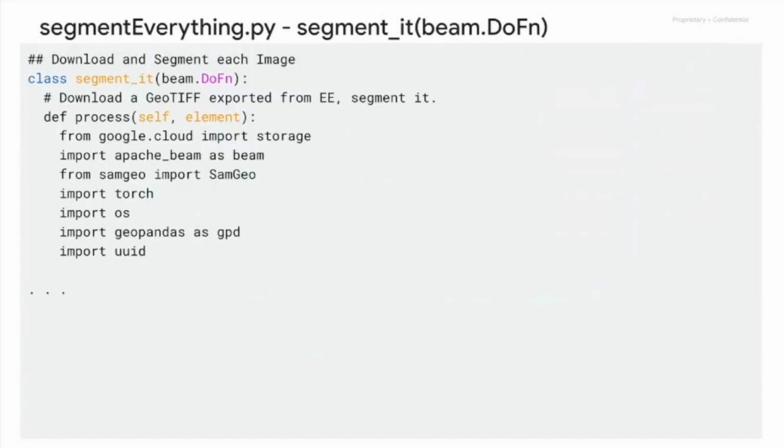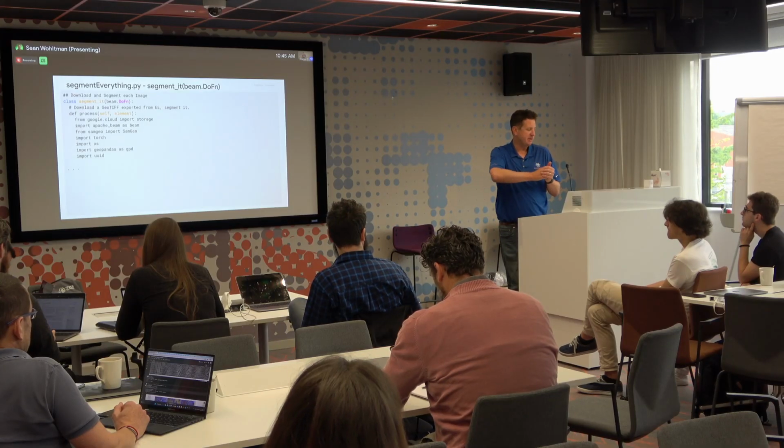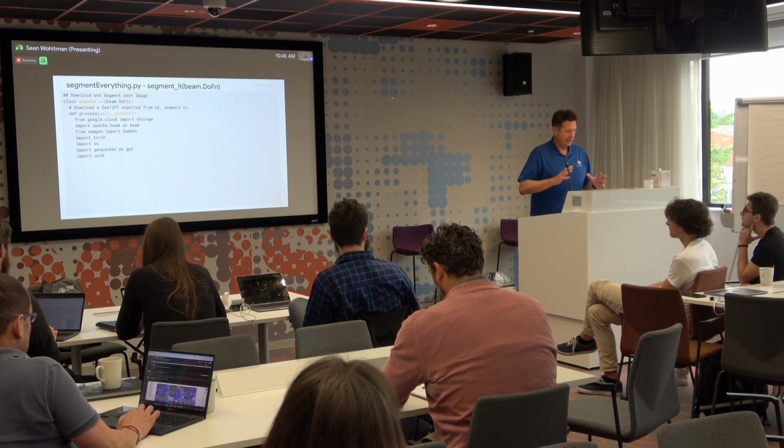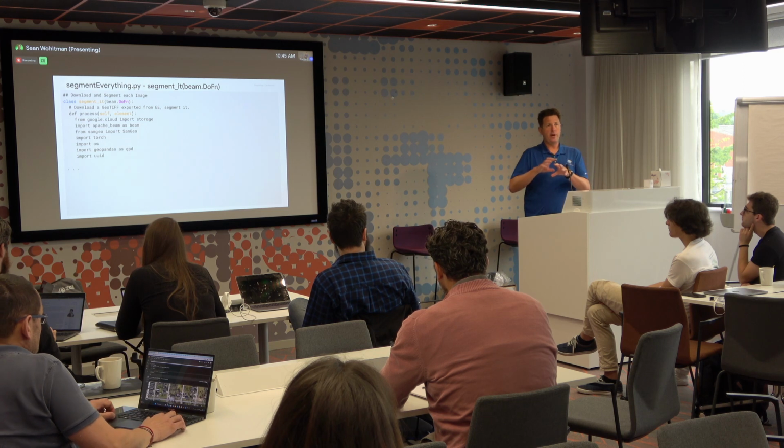download the GeoTIFF. Now, when you run your pipeline, you're running it from a Cloud Shell or from a VM. I typically use a VM just because I want to use tmux and I want to make sure that the pipeline stays up and running if I get disconnected. And basically, the ParDo is running on the worker.